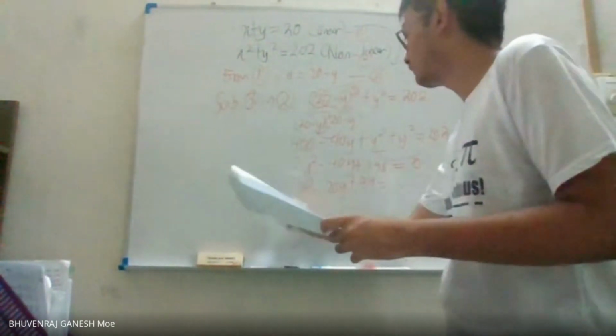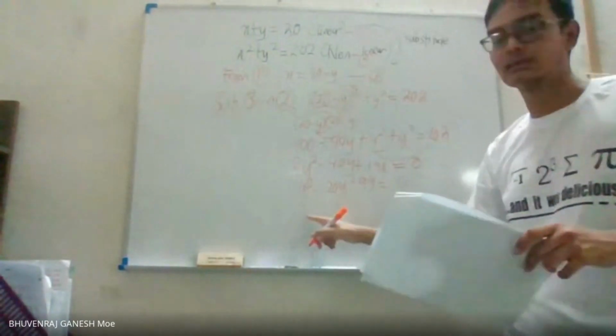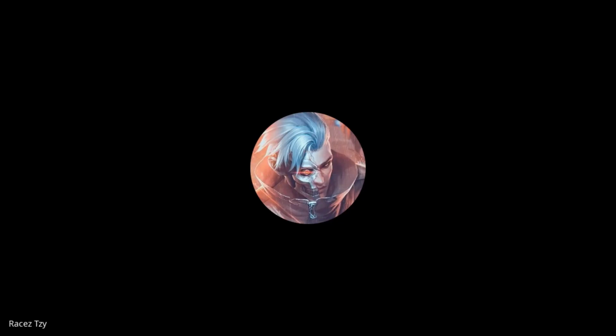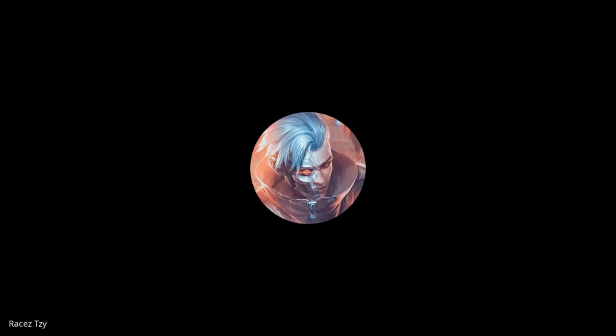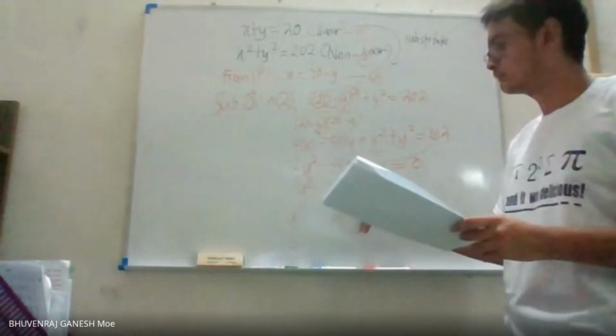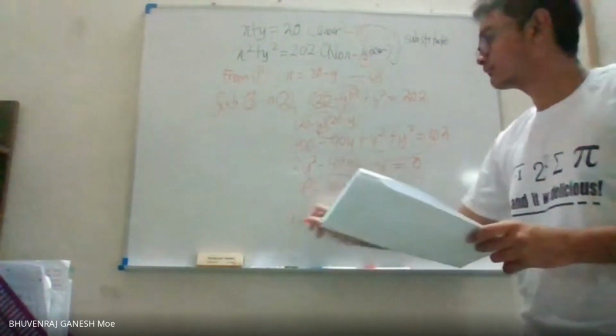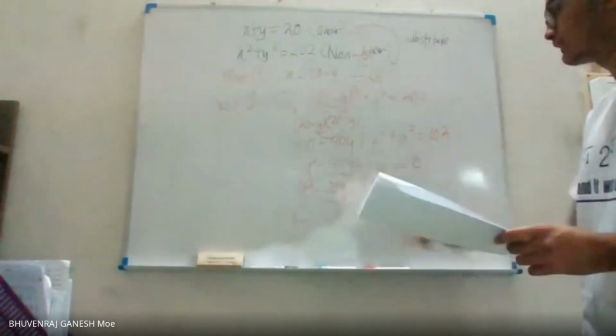Okay, so now we factorize. Try forming the brackets, what do you want to put in this bracket? y. Plus or minus? Plus. See carefully. Minus 21. Minus what number? What can give you 99?